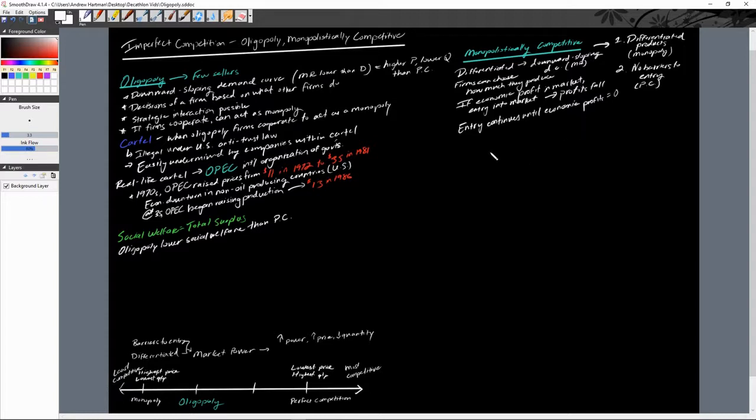So monopolistically competitive firms are, again, very unique. I don't know if I'm doing a perfectly good explanation of it, to be honest. But what you do see is that these products are different enough to separate themselves within the market.